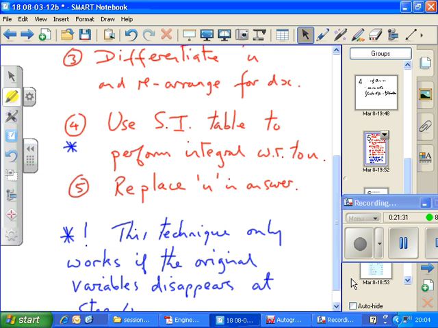So after rearranging for dx, what we could have said after step 3 is to substitute this in instead of dx, which is what we did. So instead of dx in the integral, we wrote du over 2 in that previous example.